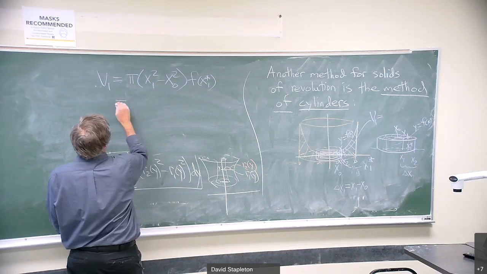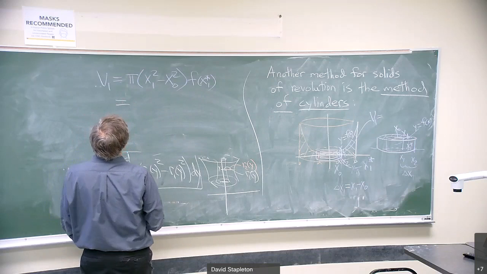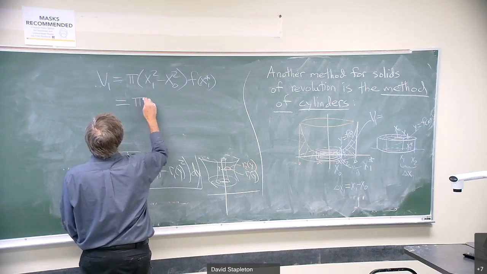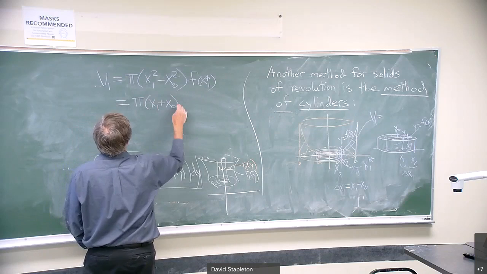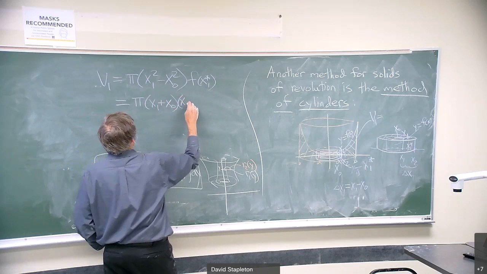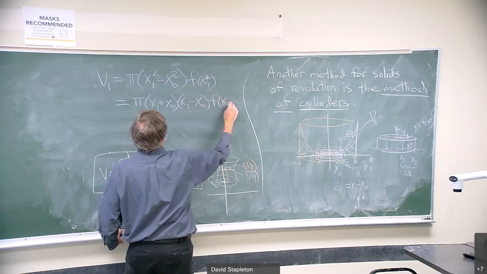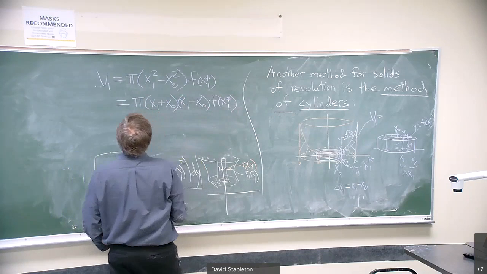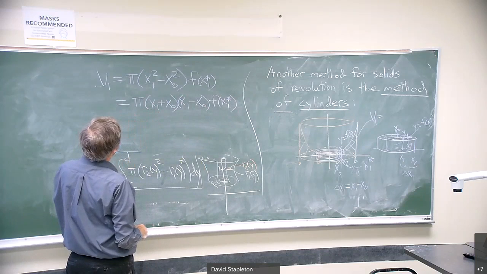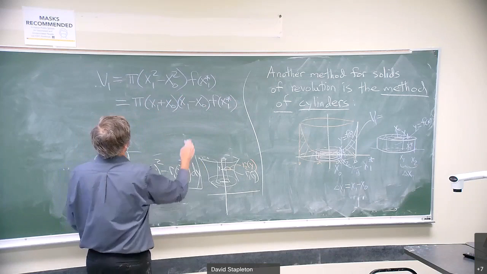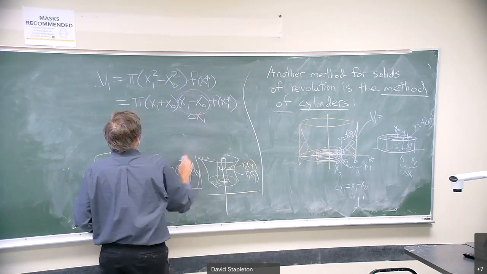Now we can rewrite that as pi times x1 plus x0 times x1 minus x0, f of x1 star, right? So that's the volume of the first ring in there. But wait a minute, x1 minus x0 is just delta x1, right?